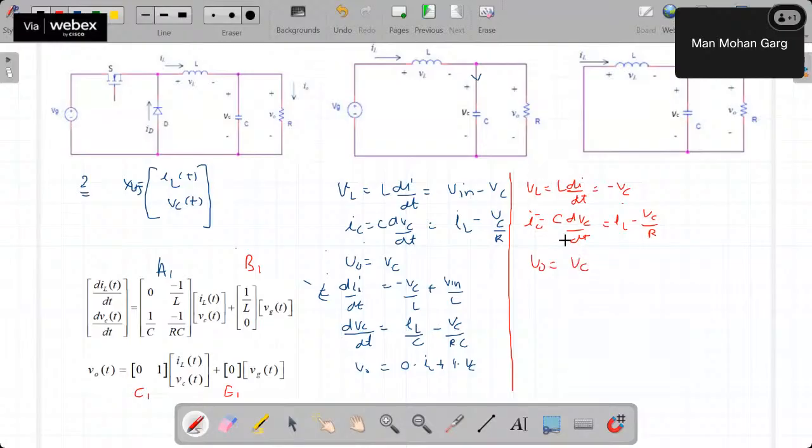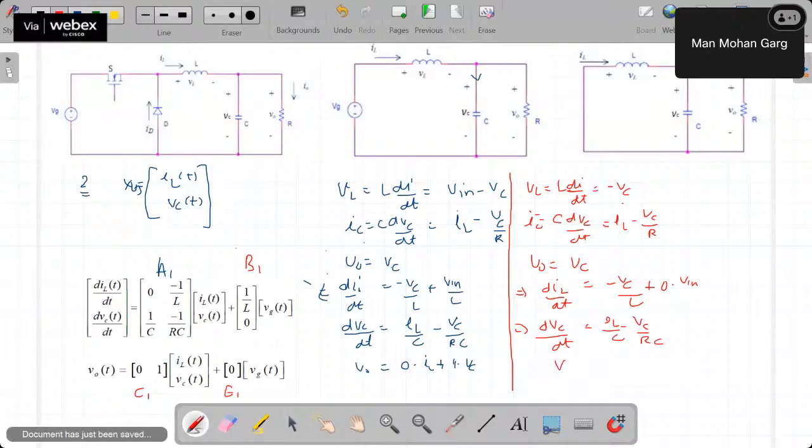So now I can easily reformat this in terms of dIL upon dt equal to minus Vc upon L. Now there will be no part of V input. Okay. Similarly, dVc by dt will be IL upon C minus Vc upon RC, and V naught will be just Vc itself.